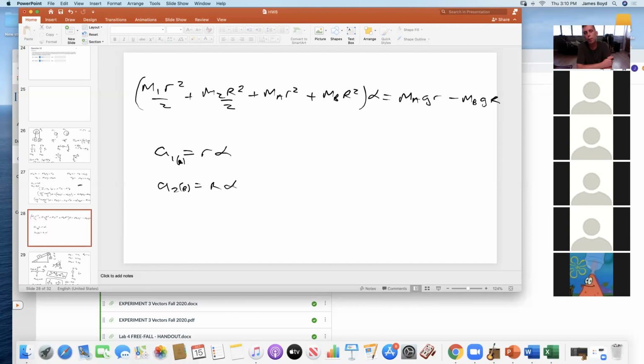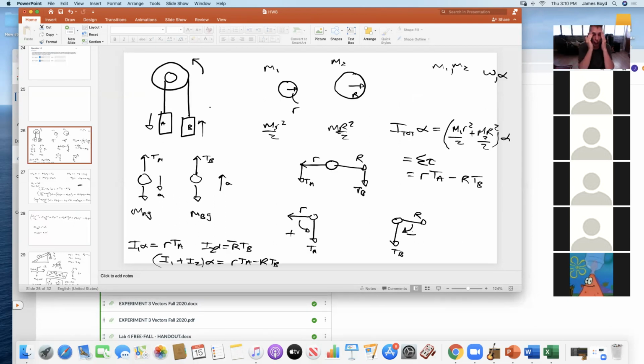So you could find them. But essentially, the major problem here is they have different accelerations, and you somehow need to couple them together. So here we couple them using alpha, because alpha is the same for both of the pulleys.